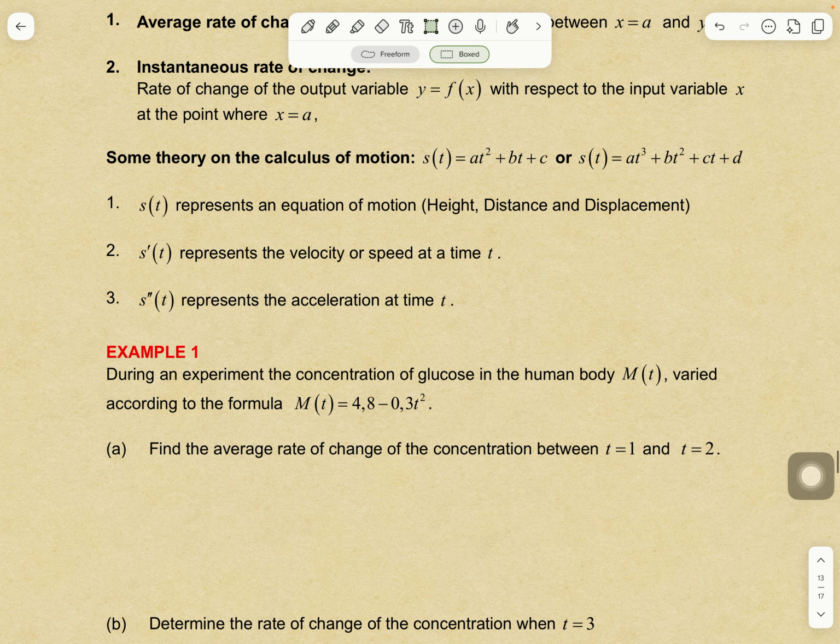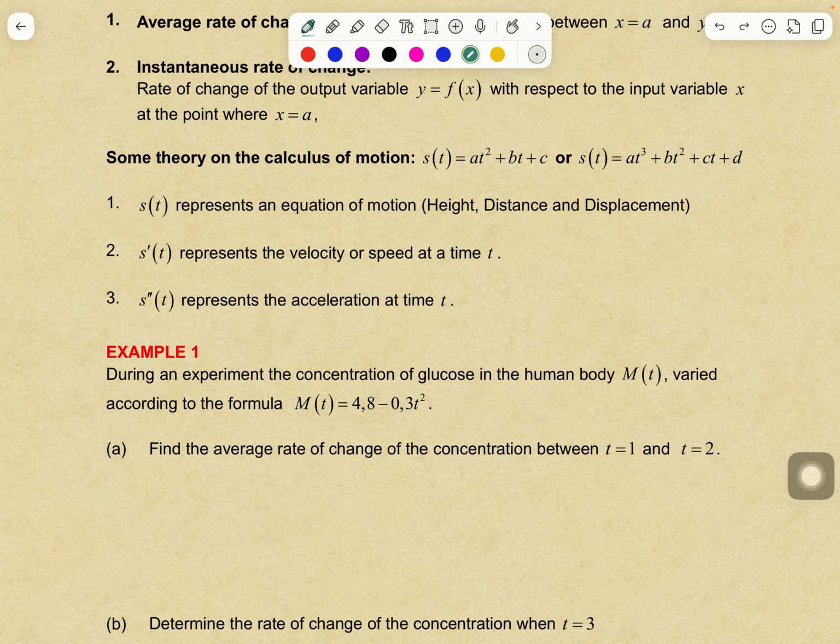Okay. But now, as far as calculus of motion is concerned, we are going to also invite some concepts in there. We are going to have a function s of t, which is going to be given as at squared plus bt plus c. That is quadratic, and then that is your cubic polynomial.